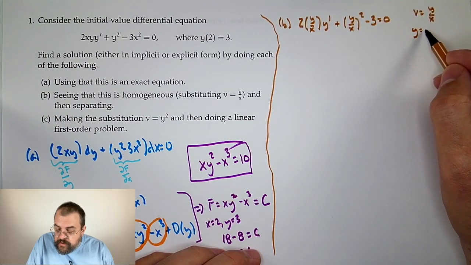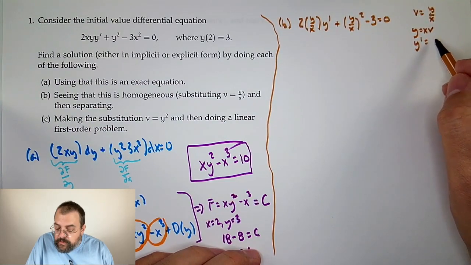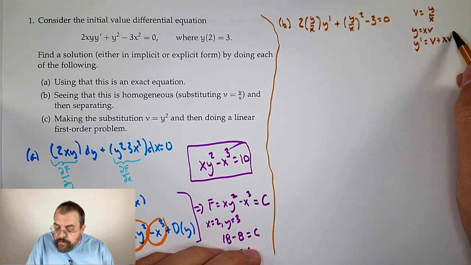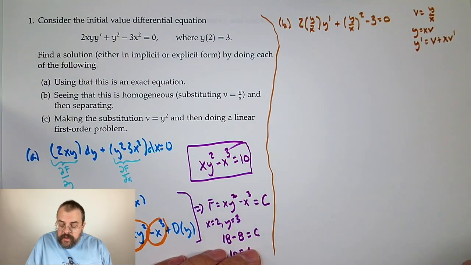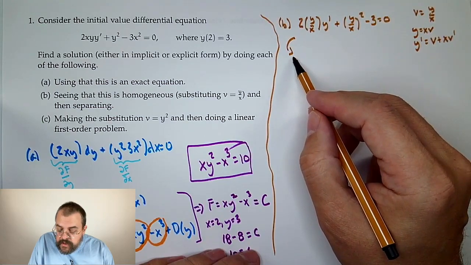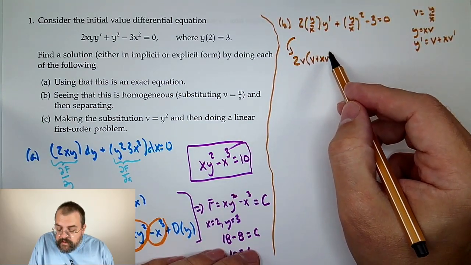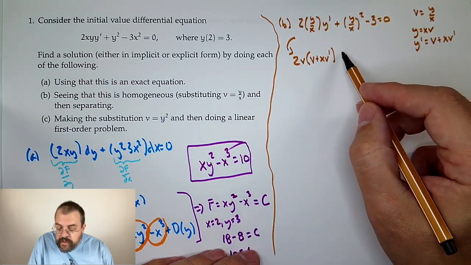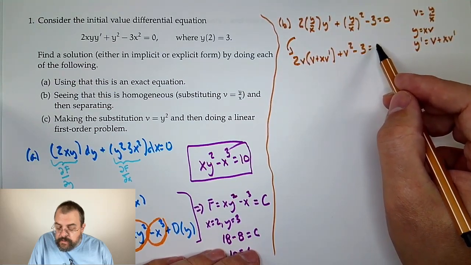So y equals x times v, which tells us that y prime is going to be v plus x v prime. So we now know how to do our substitutions here. Updating, this becomes 2 times v times (v plus x v prime) plus v squared minus 3 equals 0.